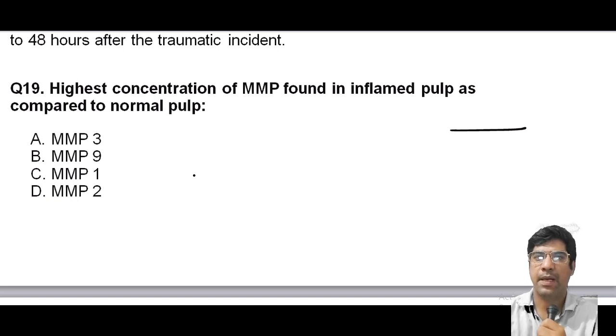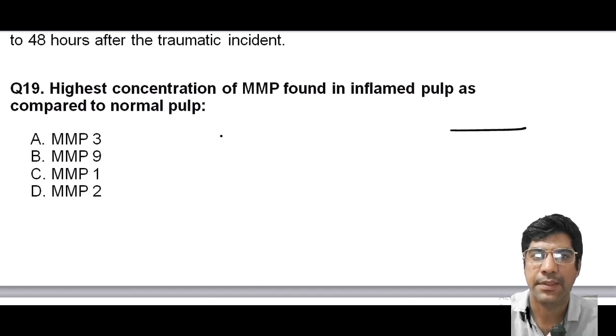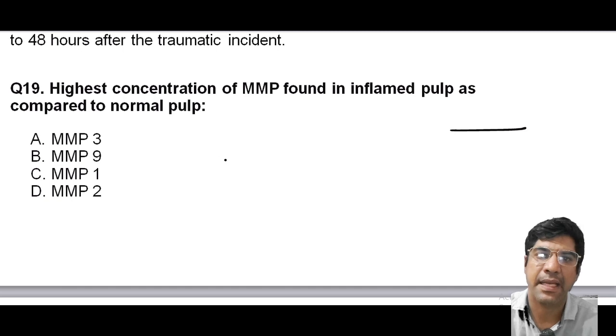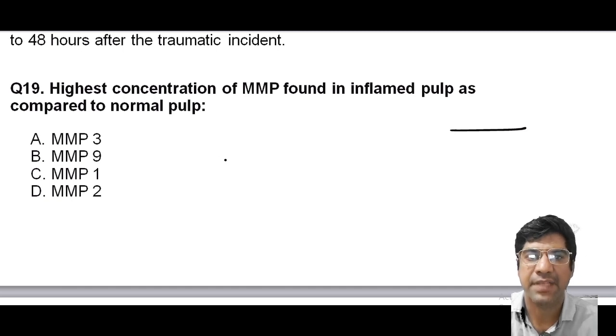In dental pulp, they are involved in processes like inflammation, wound healing, and tissue repair. In case of pulp inflammation, which can occur in reversible and irreversible pulpitis, the balance of MMPs and their inhibition can be disrupted.